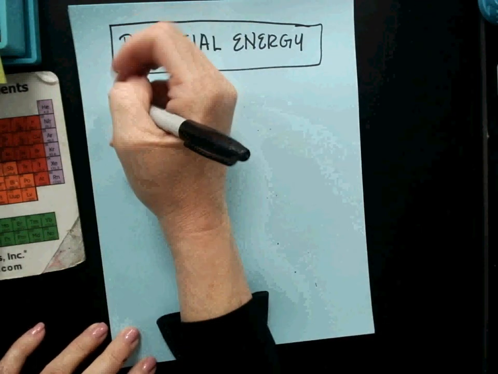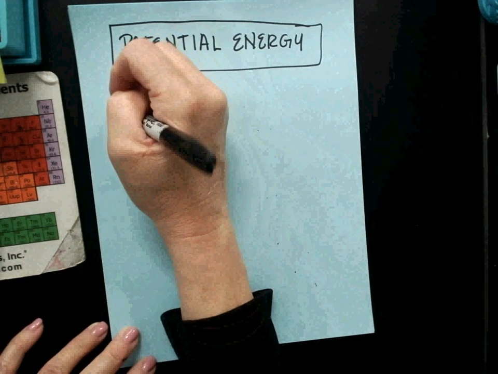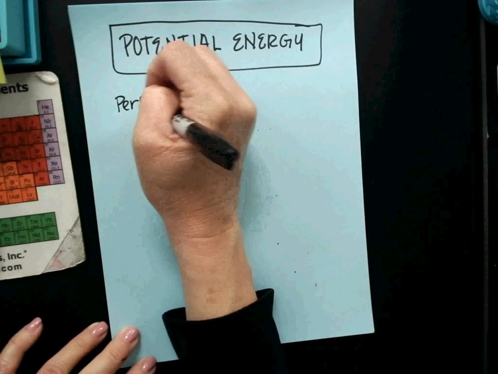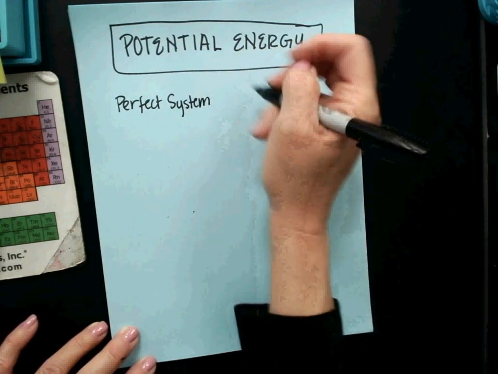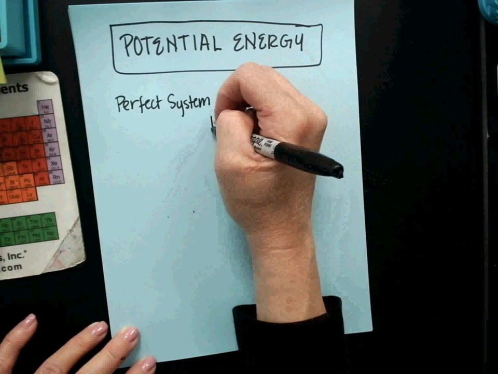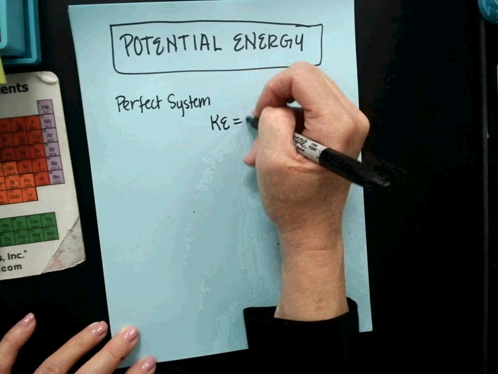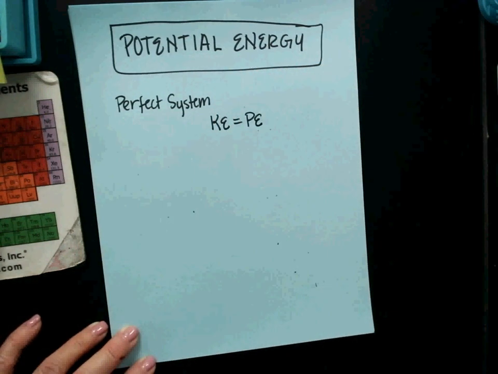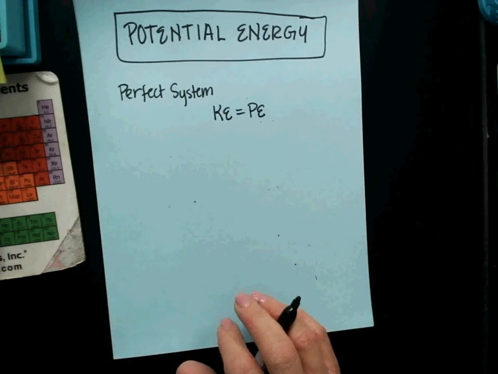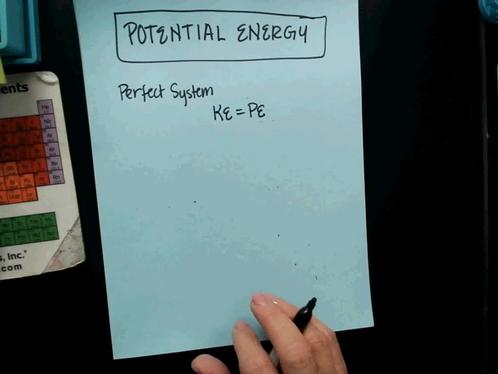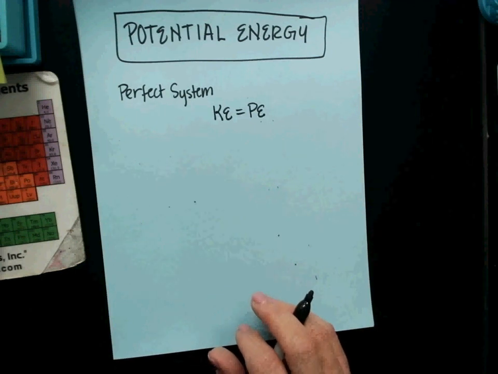So one thing we need to remember right now, as we move through all these things, if we have a perfect system, then KE can be set equal to PE, if I have a perfect system, if I disregard friction, air resistance, and all that other stuff.